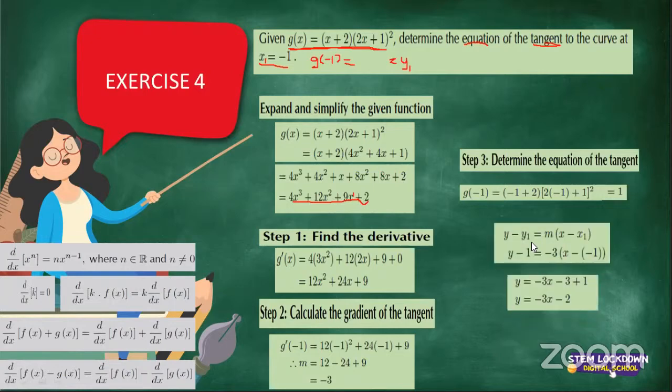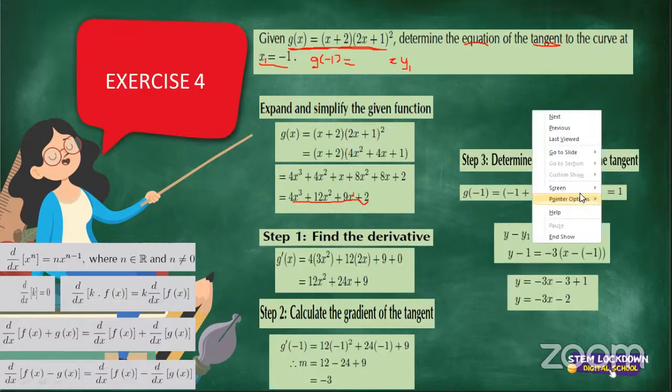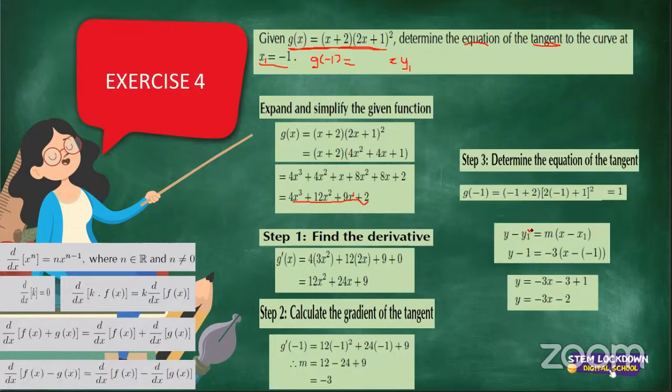We have our y1, which we calculated here. We have our x1, which is given. We have our gradient, which we determined using the derivative and the point x, the gradient of our tangent passing through that specific point.